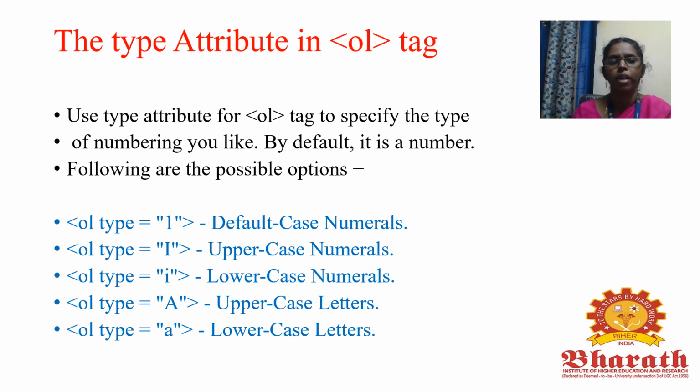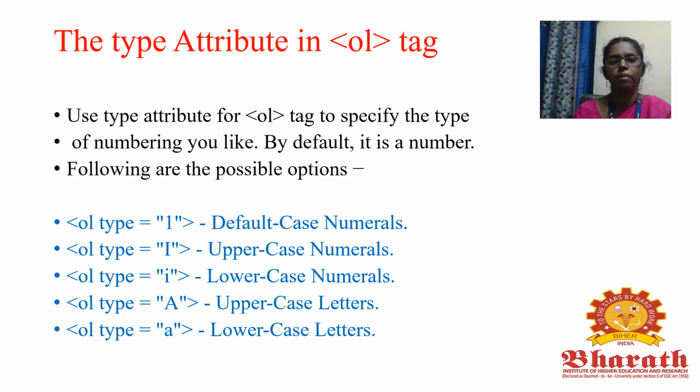Suppose if we specify the type is equal to capital A, then it is nothing but a uppercase letter starts from alphabet A, B, C. Then OL type is equal to small letter a, that is lowercase letter. So we are having 5 OL types which is used to specify the numbering.